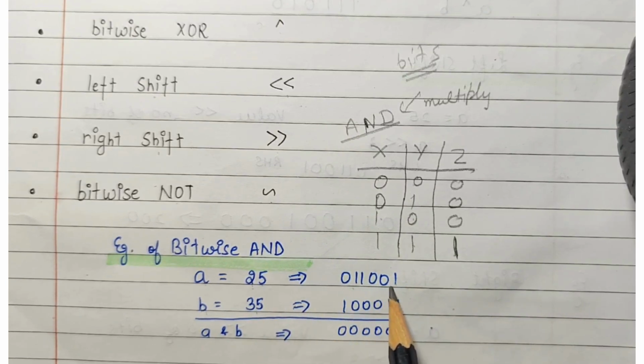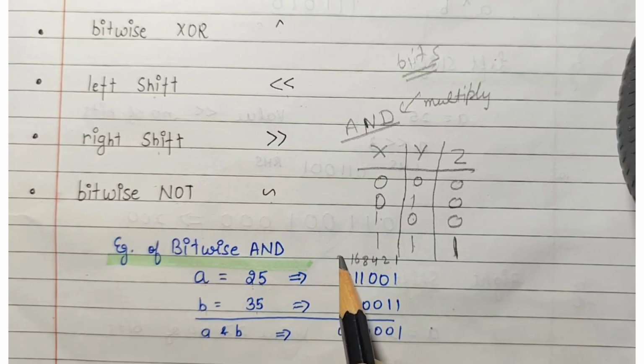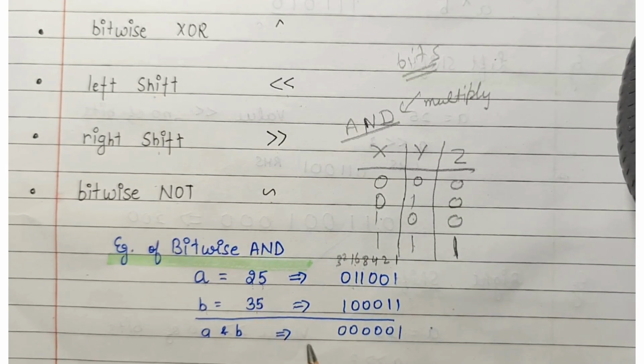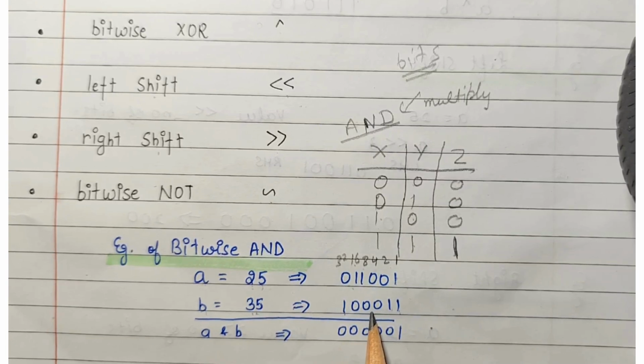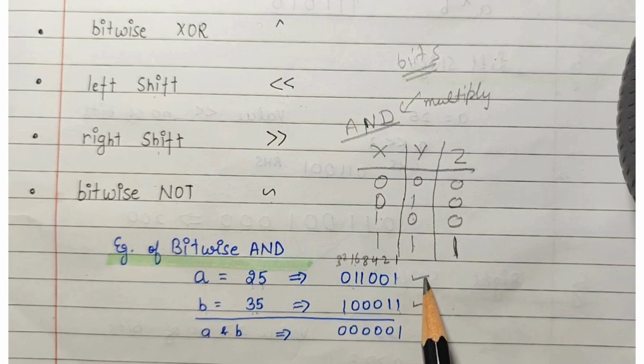If you want to check whether this is correct, you can make the sequence 1 2 4 8 16 32. 16 plus 8 is 24, 24 plus 1 is 25. It means this one is correct. In a similar way we convert 35 into binary representation. 32 plus 2 is 34, 34 plus 1 is 35. So we make the sum 35 and make the rest of the bits 0. This is the correct representation of A equal to 25 and B equal to 35.